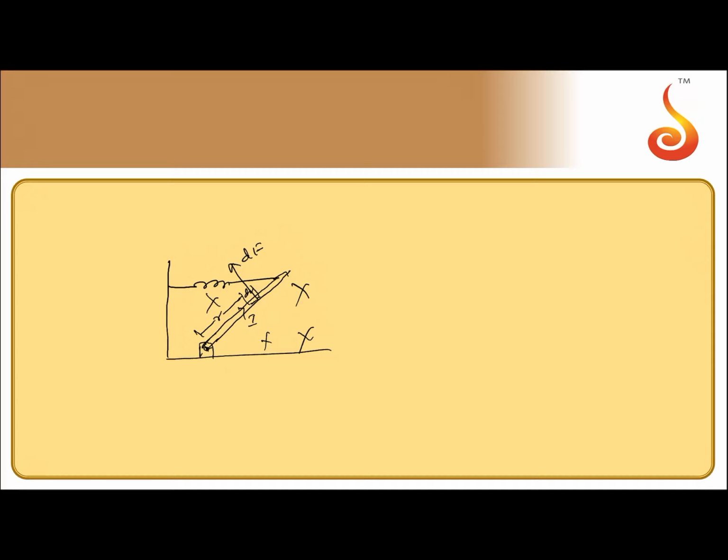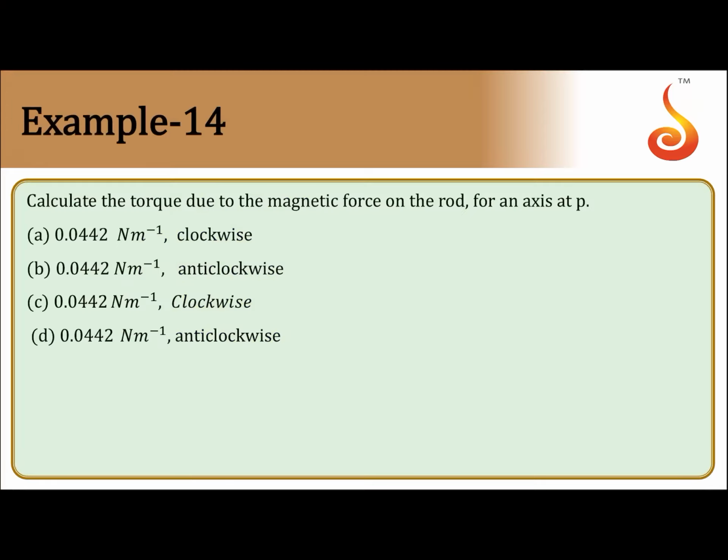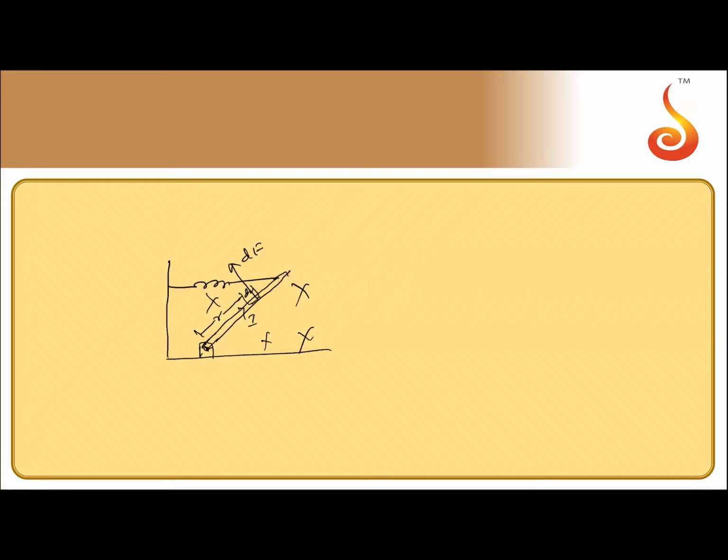This force will of course produce a clockwise torque about the hinge at P. And for this torque, either we integrate to calculate the torque, or simply the force on the wire will be ILB. Why?